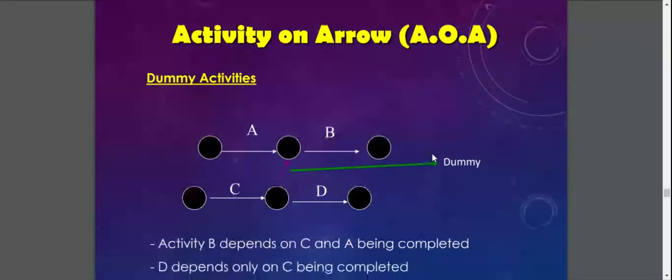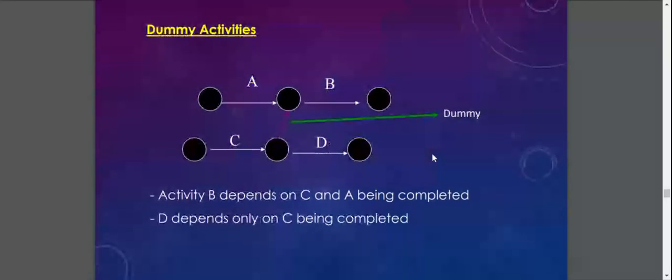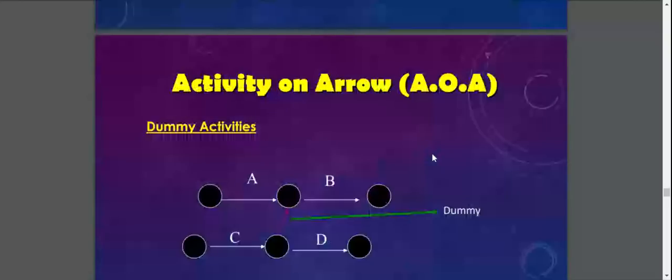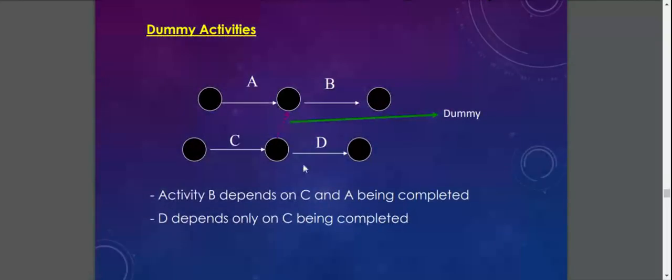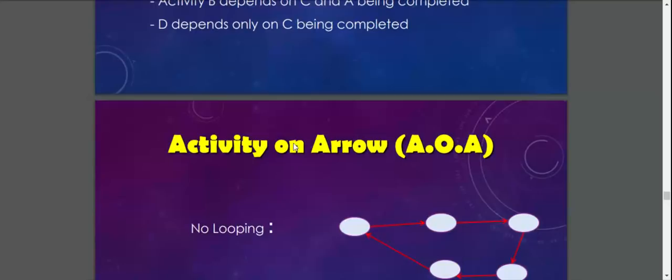So these are the dummy activities, just to show you how they look. But they don't carry or represent any meaning, and they don't affect anything that might give bad impacts to the project implementation.